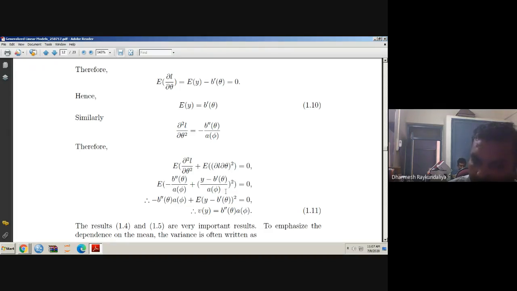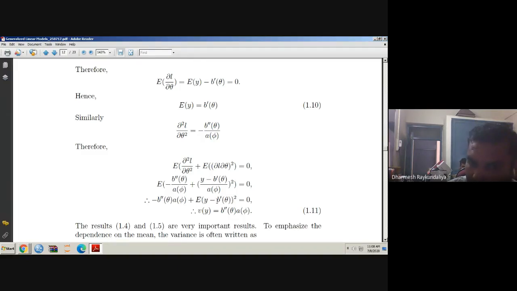So just take the LCM. Here it is a phi, here it is a square phi. So this quantity a phi is multiplied with this, so we get minus b double dash theta a phi plus the expected value of y minus b dash theta whole square divided by a square phi, but it goes to the right hand side, so that is 0. So now we have minus b double dash theta a phi plus the expectation of y minus b dash theta whole square equal to 0.